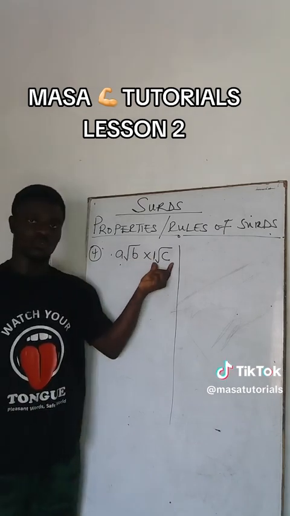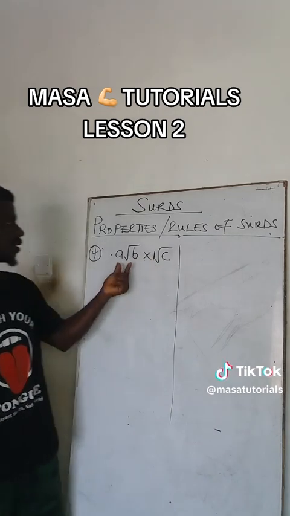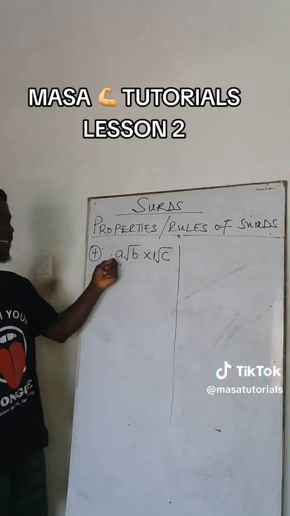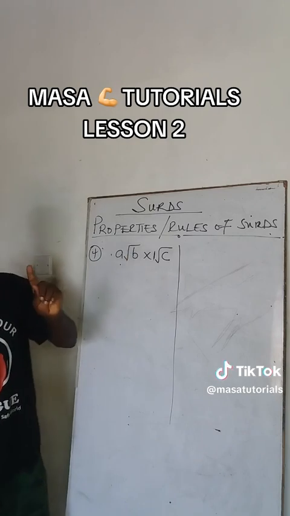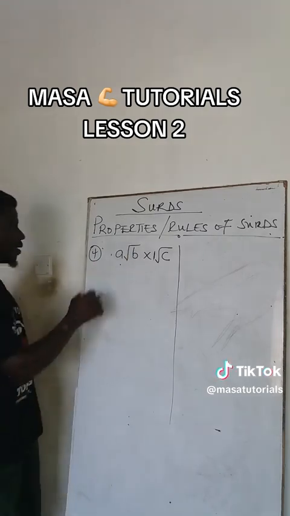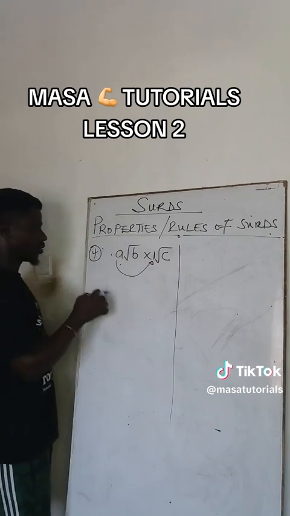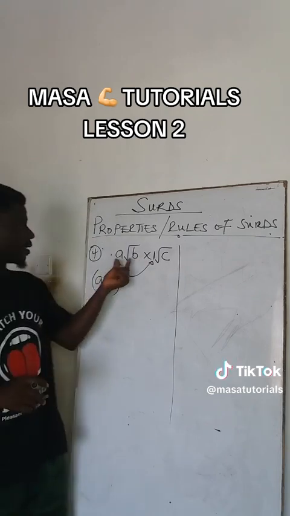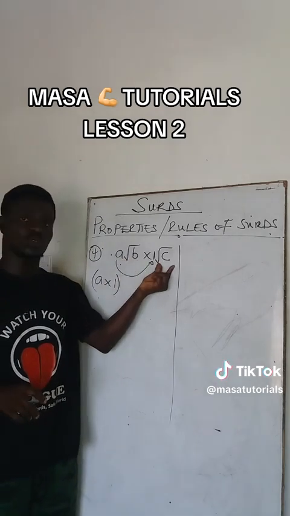Since this A is not inside a square root, and 1 is not inside a square root, they multiply. So we get A times 1 in brackets.